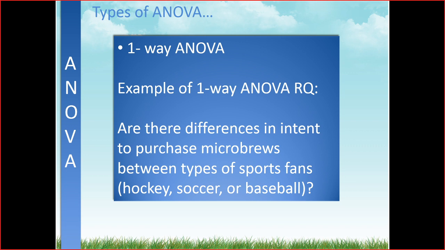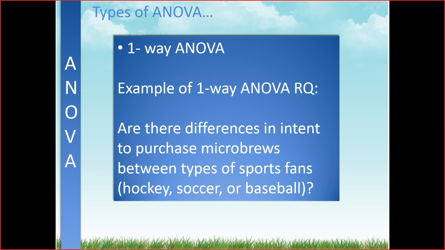Let's say we asked a bunch of questions that basically boiled down to, are you planning on buying a microbrew, or this type of microbrew? We had our factor analysis, and we said there's an intent to purchase microbrews. That's our dependent variable. Every person who responded would have been somewhere on that 1 to 7 scale, or 1 to 5 scale, whatever our scale was.